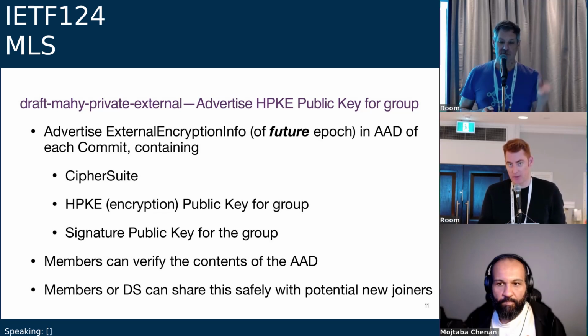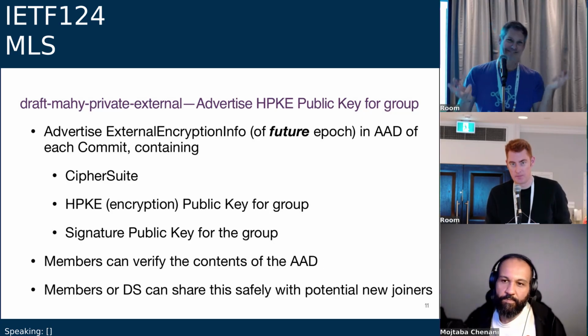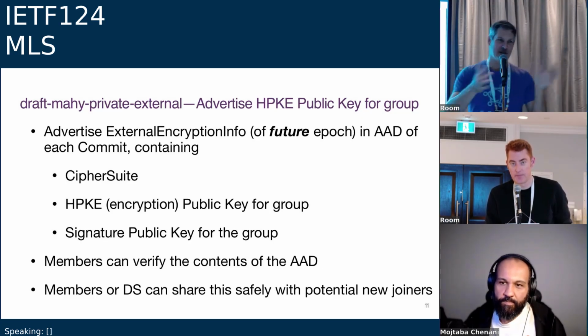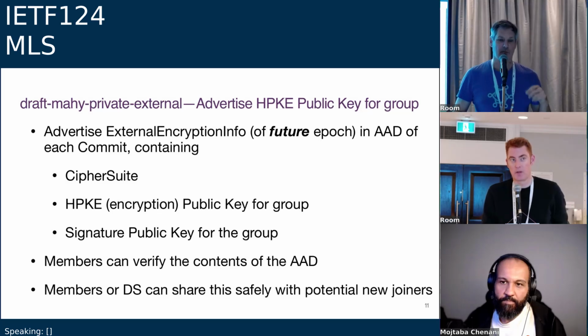Is that correct? It's about how you can encrypt to a group, and then also about how, when you send ordinary commits, you can commit to, unfortunate use of crypto terminology and MLS terminology, how you can assert that there is a particular public key for encryption and a particular public key for signing for the group, and because that's visible to all of the members, you're going to break the group if one member lies about that.